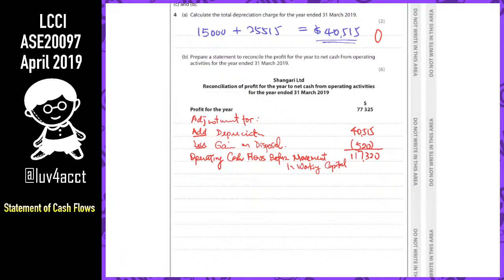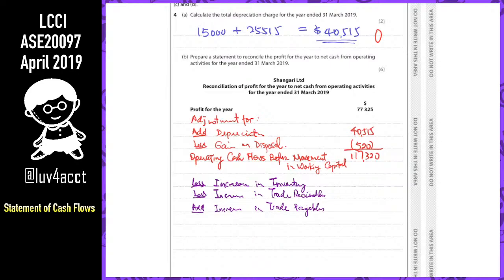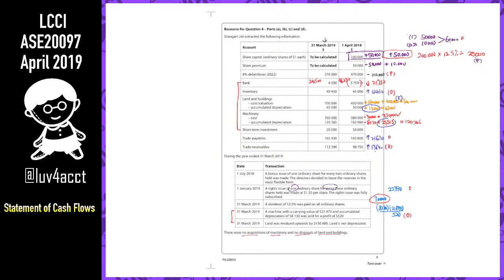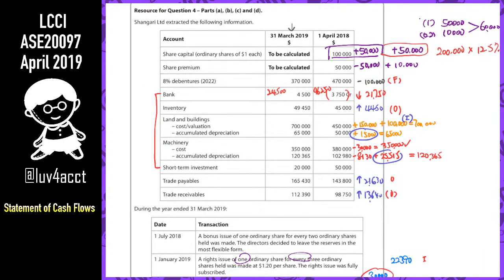Okay, next item we have the working capital. Okay, we have an increase in inventory, increase in trade receivables, and also increase in trade payables. Okay, so let's take a look at the values.